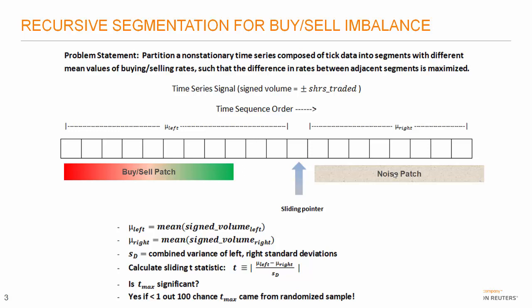Also, the data is more stationary within patches than across patches. So a lot of techniques to work with data become more convenient and easy to interpret within each of these identified patches.